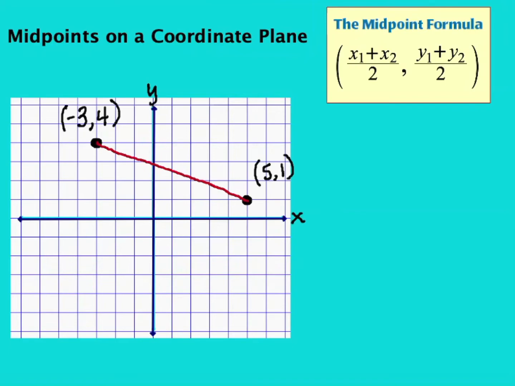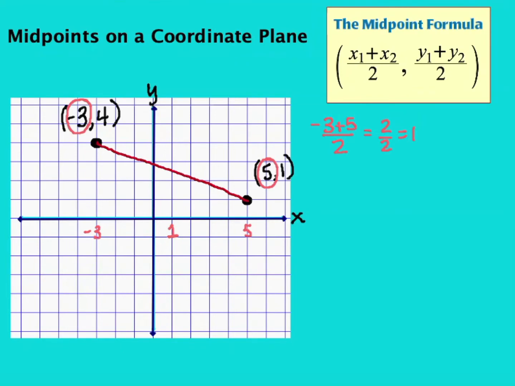So if we look at these two x values, a -3 and a 5, what's exactly halfway between -3 and 5? And one easy way to figure that out is to average those numbers. Negative 3 plus 5 divided by 2. So that would be 2 divided by 2, that equals 1. And so the exact halfway point between negative 3 and 5 is 1.